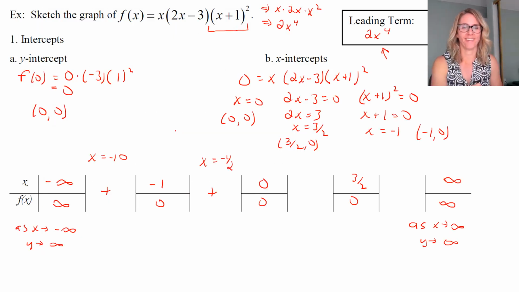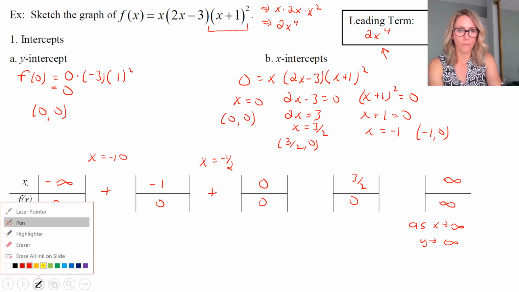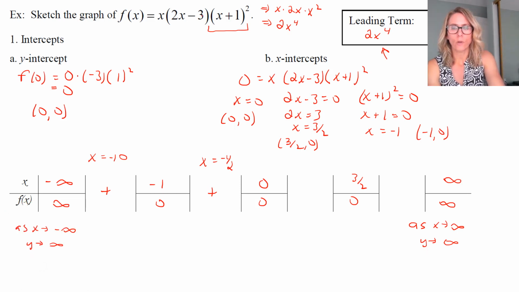Here's a tip. There is a reason why the sign is the same on either side of -1, and if you remember this, it'll be very helpful to you in the future. It is all because of that 2 that you see on the factor of x plus 1. That is the reason.